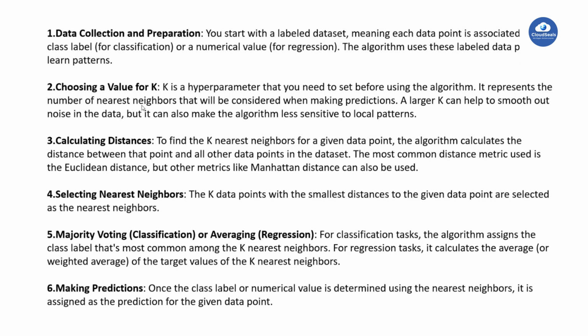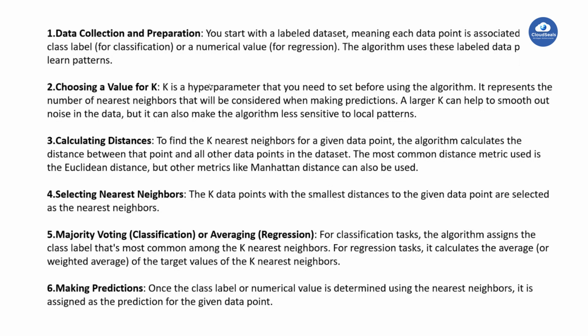If you gave only k equal to 1, it will check whether that data point is very near to H and Y. If it is near to Y, it will say it is class H. If it is near to P, it will say it does not belong to class H, and check whether it belongs to another group. So the classification depends on the value you have chosen for k.